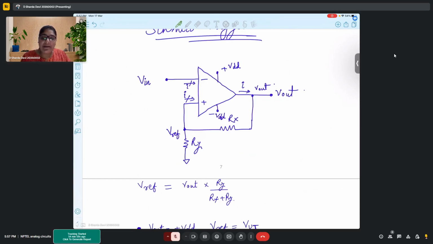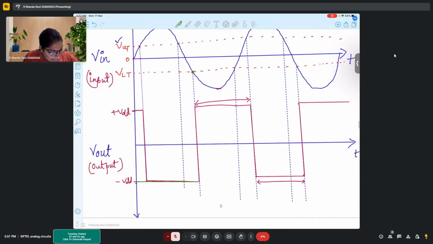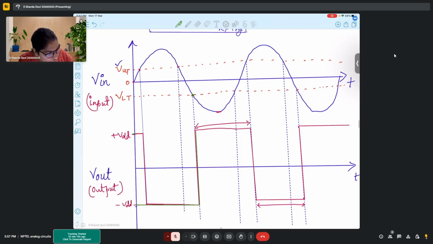The moment my Vin goes less than VLT, my output will become VDD, and my reference will change to VUT. So here my output will go to plus VDD, and my reference will change to VUT for the coming half cycle, right?